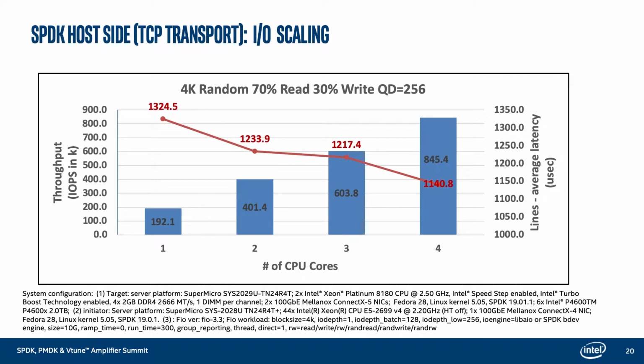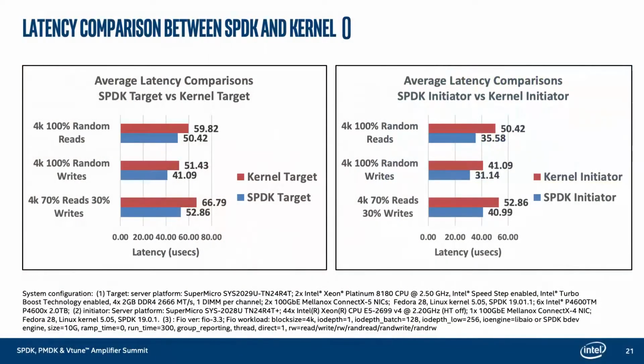This diagram, as mentioned, uses the non-BDEV. So it states that if we just test the network latency, using both the kernel TCP stack, SPDK performs about 40% latency improvement.